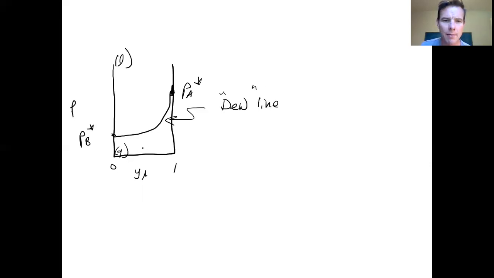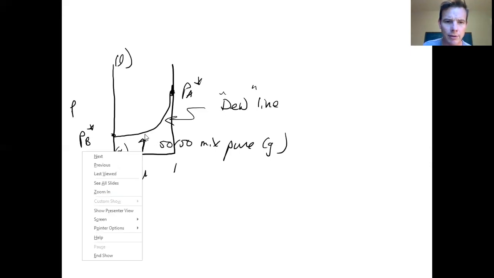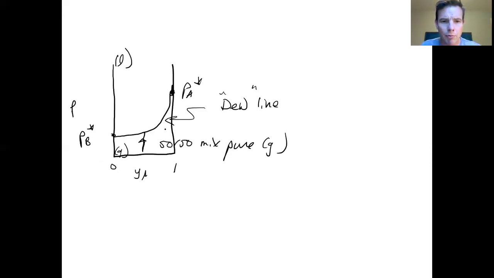Here's the idea. Again, if I had a 50-50 mixture and I started pressurizing it, so this is a 50-50 mix of pure gas. As you increase the pressure, the system will increase pressure until you hit this point right here. Once you hit that line, you get the first drop of liquid, the first bit of dew.